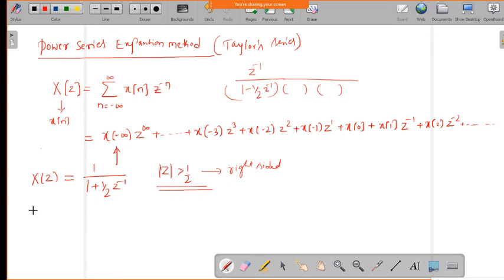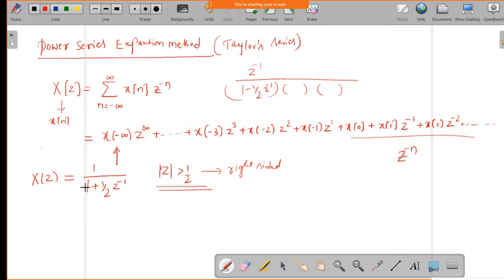Since it is a right sided sequence, the powers will come in terms of z power minus 1, z power minus 2, like that. In general for a right sided sequence, the z power will be z power minus n. So we need to express this X(z) in terms of z power minus n.